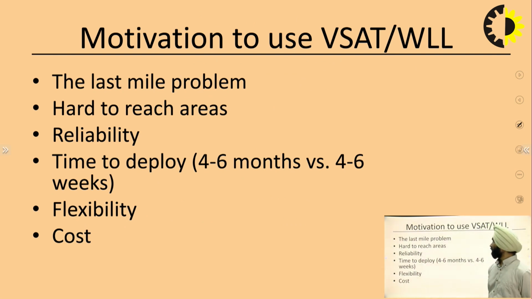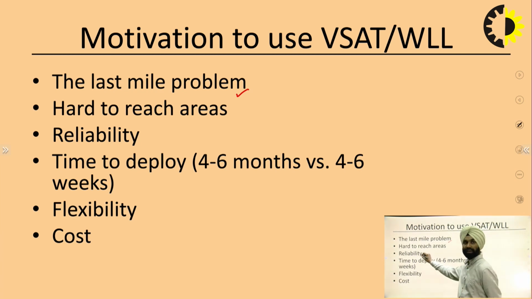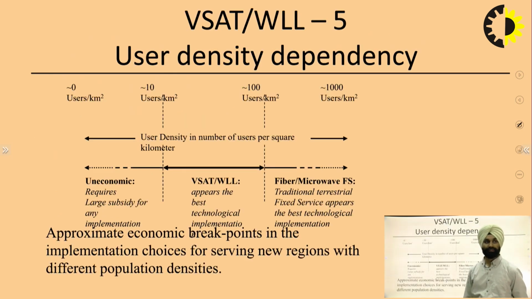So mainly this VSAT is used for the last mile problems, the areas where we have difficulty to reach, then reliability, then time to deploy because it is easy to deploy, then the flexibility and the cost.